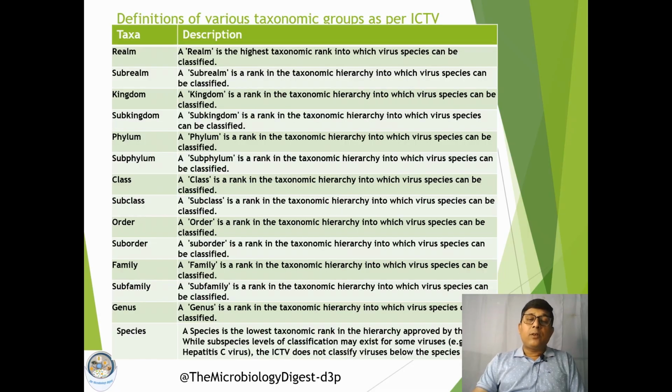Now these are the definitions as provided by the ICTV. It is available on the ICTV website. You can go through how realm, subrealm and kingdom are represented in the viral taxonomy. Everything is mentioned there.